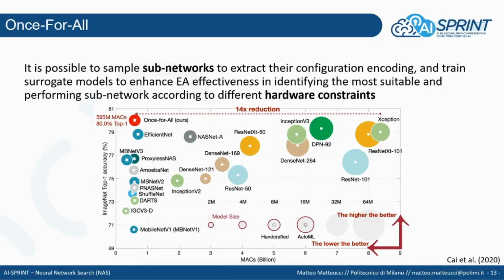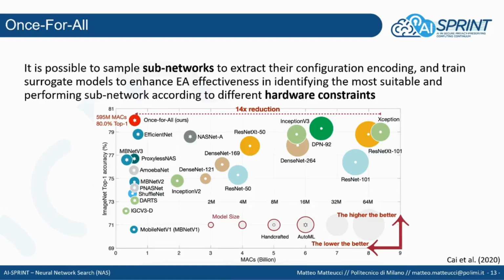Now, what is nice about this is that once we have learned these big networks, these supernetworks, it's possible to extract subnetworks based on the requirements from the hardware that will be used to execute this network.